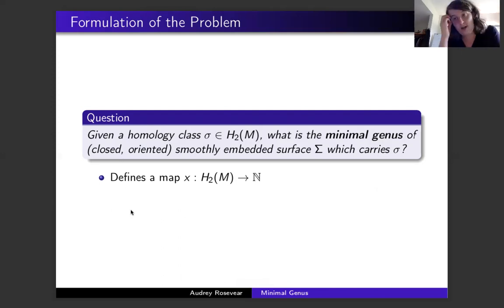So we just saw some examples, but it's not obvious whether or not they can be represented by, for example, a sphere. Once you've solved this problem, you get to map the complexity function from your second homology into the natural numbers. And so our goal is going to be to study the properties of this map.